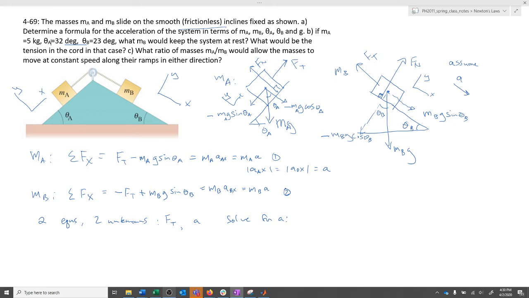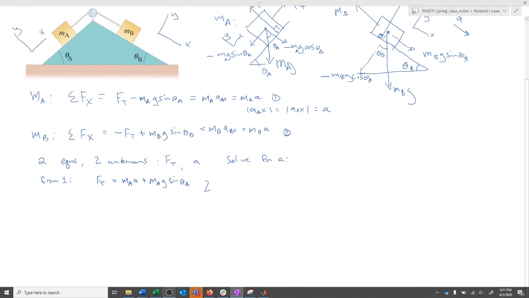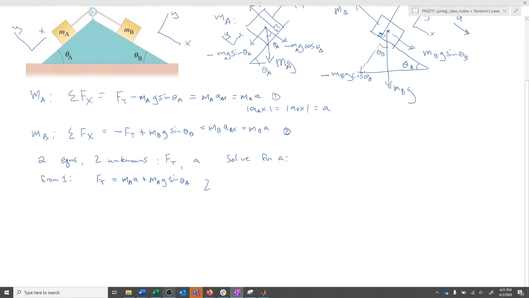So let's take our top expression. From 1, we know that the force of tension is going to be mass A times acceleration plus m_A g sine theta_A. And then let's substitute that into our expression from number 2.